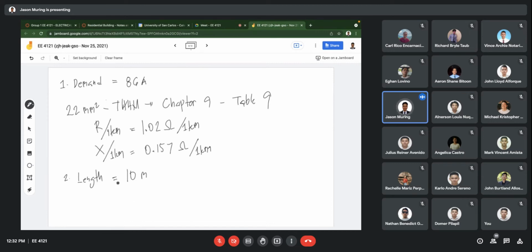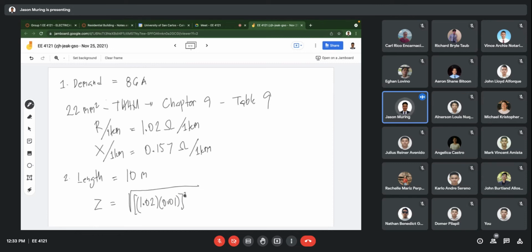Therefore, when you calculate the total impedance Z, we base it on these values. I'm going to multiply this by this number: the square root of 1.02, but this is per 1 kilometer, so for 10 meters it becomes 0.01.